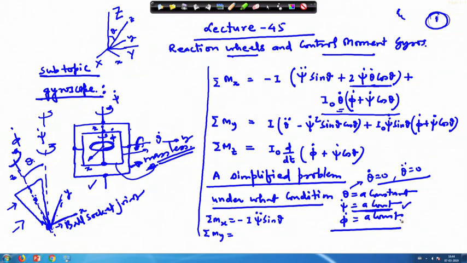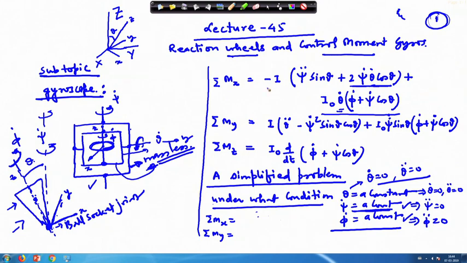So, psi dot is constant and phi dot is also a constant. So, that means this term should also vanish. So, this implies psi double dot equal to 0, this implies theta dot equal to 0 and theta double dot is also 0, and this implies phi double dot will be equal to 0.